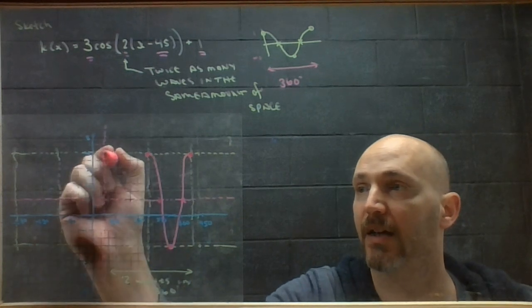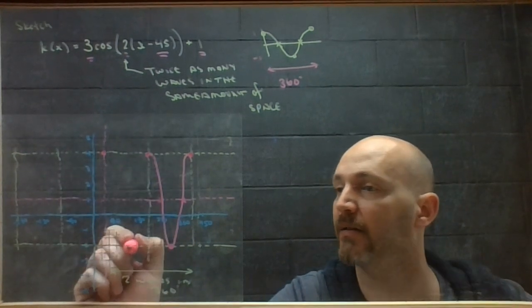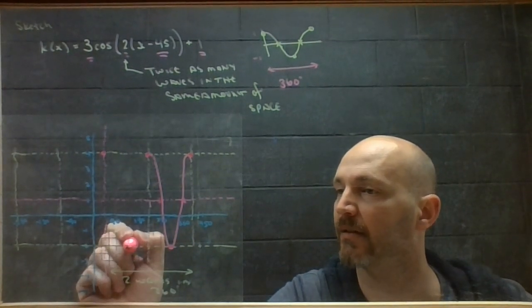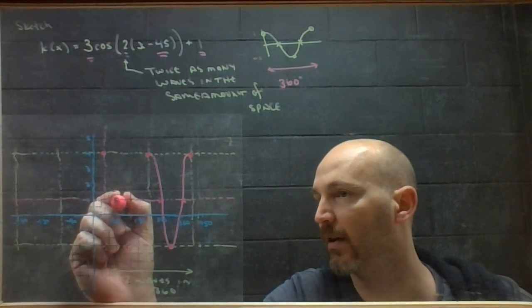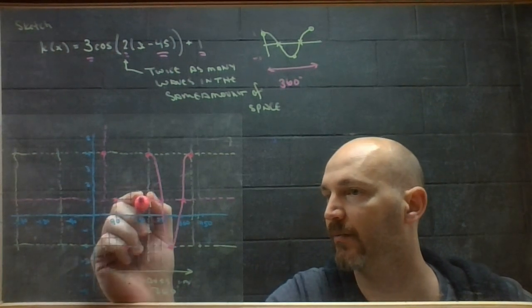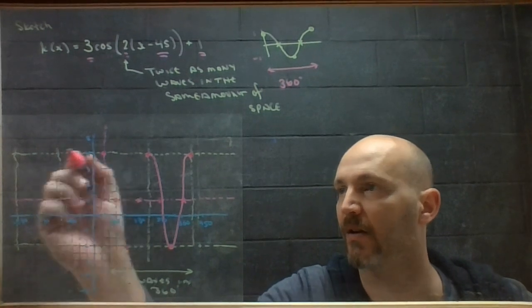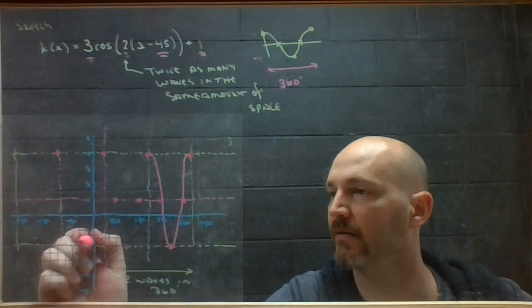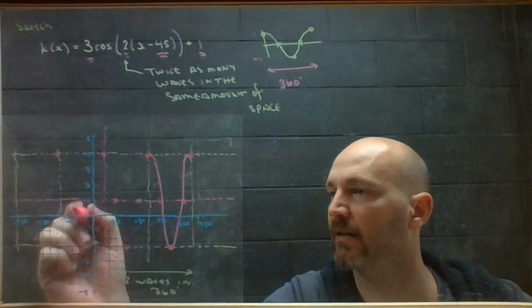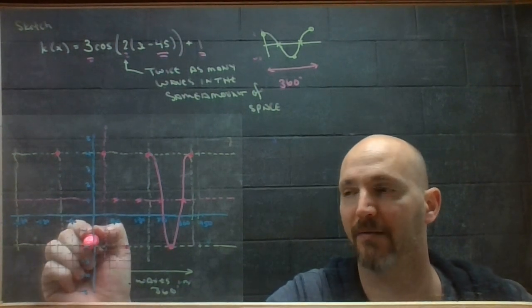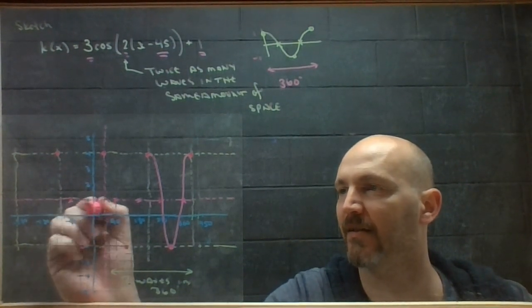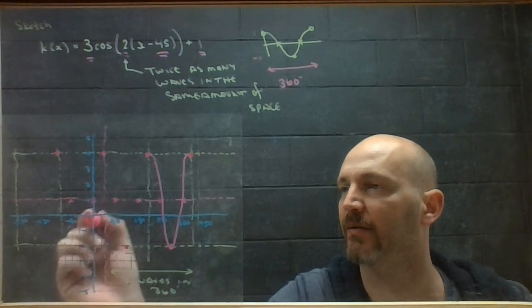So start high, end high, trough dead center, zero out halfway on each of those. Start high, end high, trough halfway, zero out halfway between those.